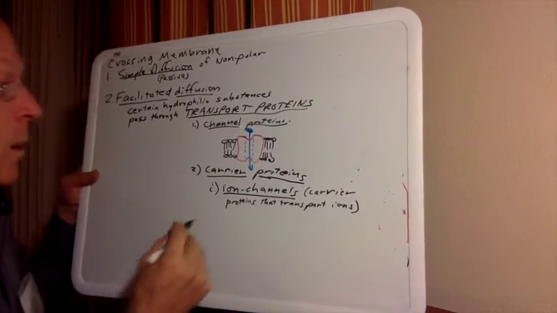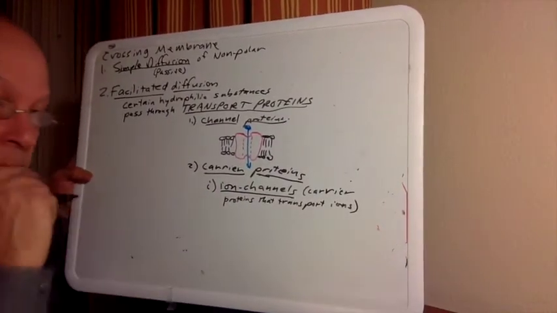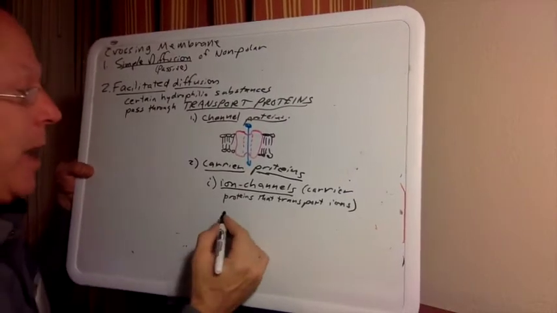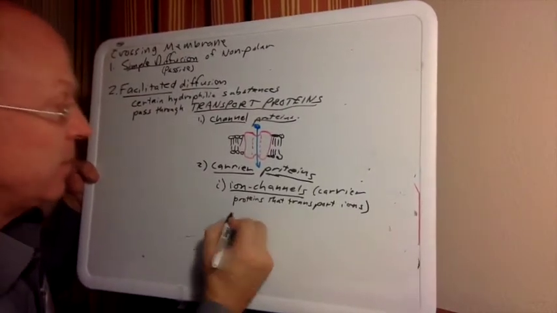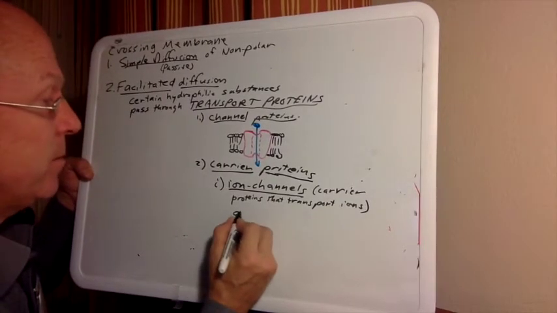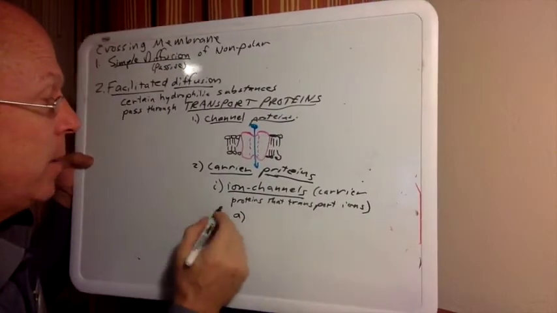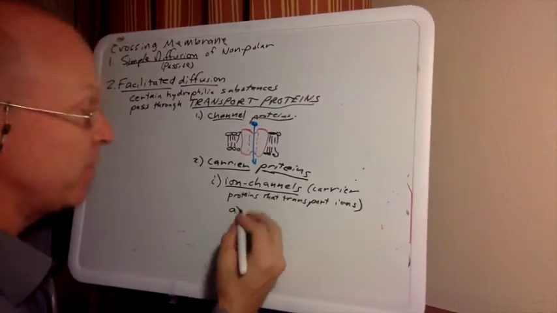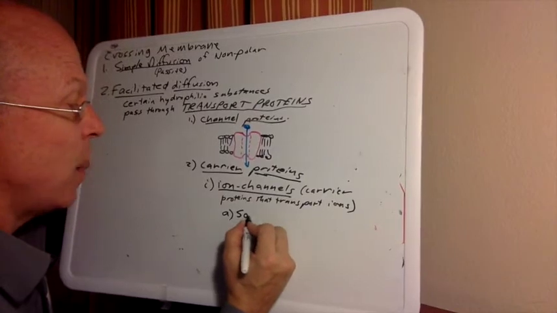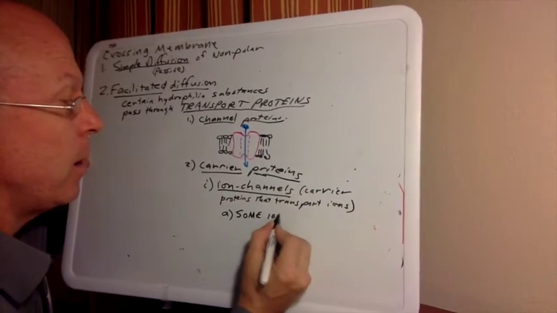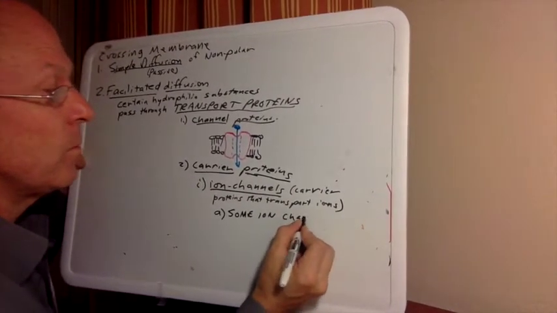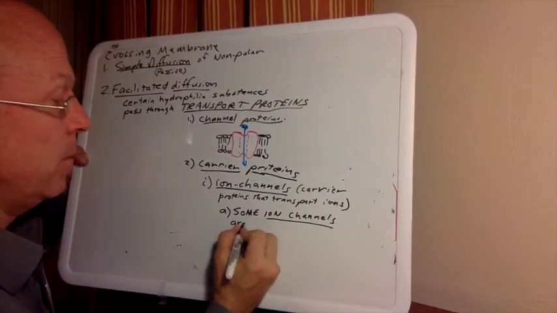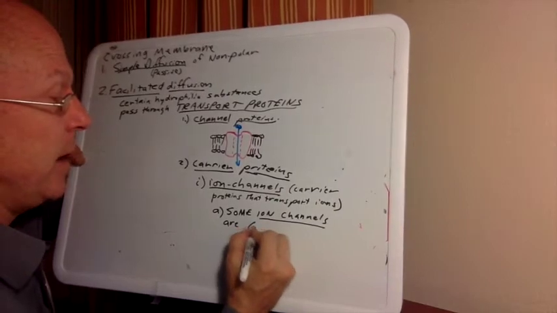All right. So we've got that going for us, and I want to add to this list kind of a second little category. Maybe I'll throw an A here. My outline scheme is kind of strange letter-wise, but it should work. And I want to say, note that some ion channels are what we call gated channels.